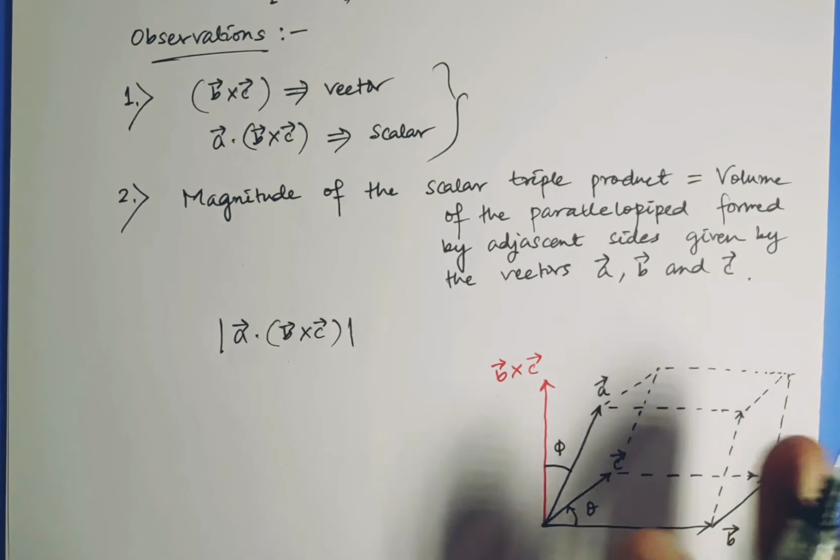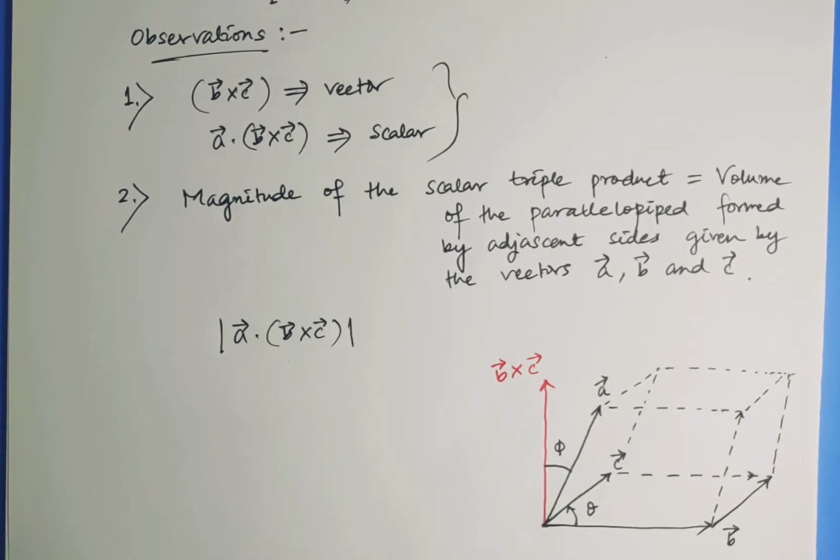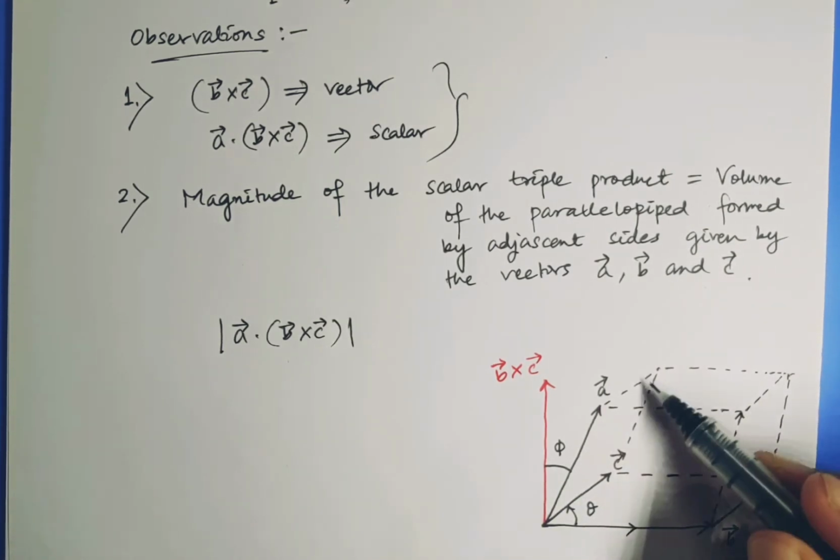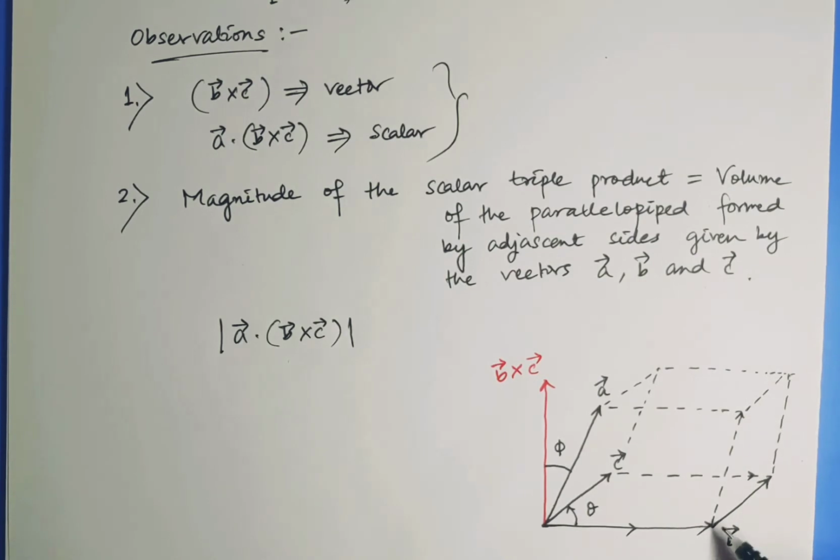So this figure formed is known as the parallelepiped, where the adjacent sides are what? This is B, this is C, and this is A. This is A, this is B, this is again B. This is C. Clear? So this is the parallelepiped that is formed by A, B, C.